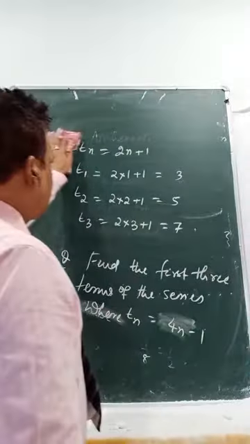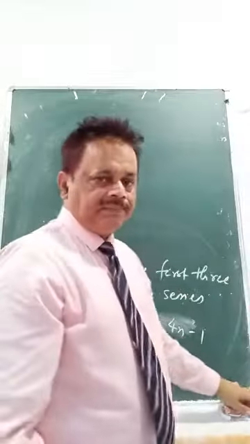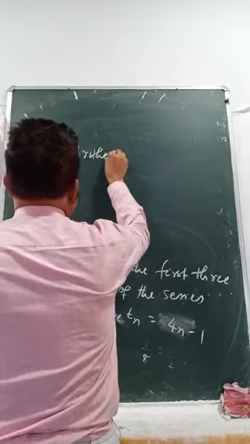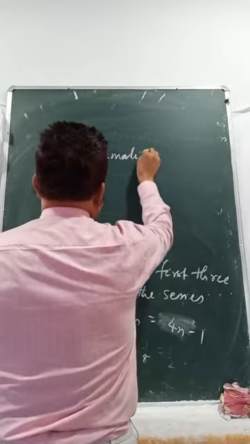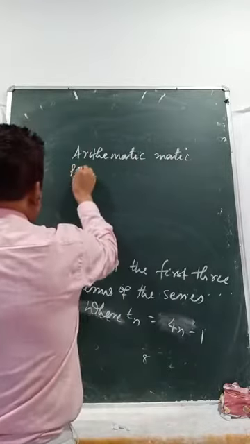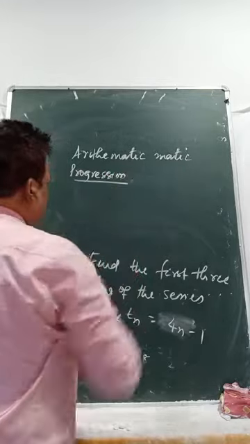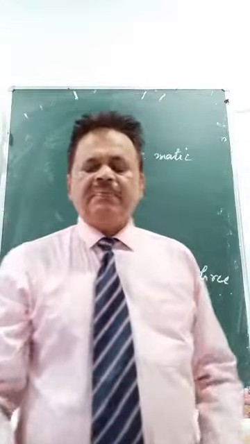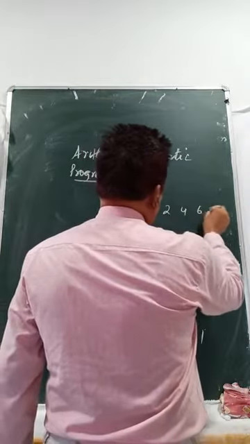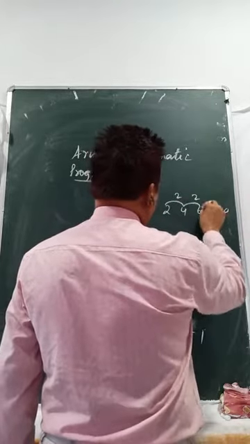Okay, now when a sequence becomes arithmetic progression, the relation could be various types. Relation like what I told you, 2, 4, 6, 8, 10, then you find the relation is increased by 2.